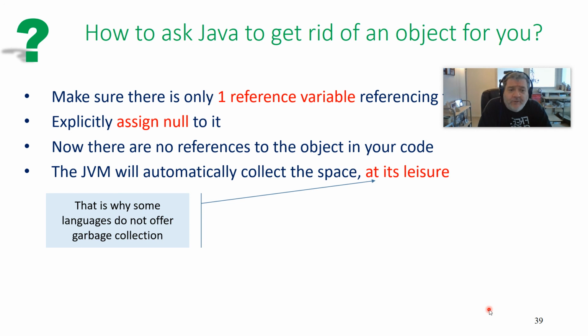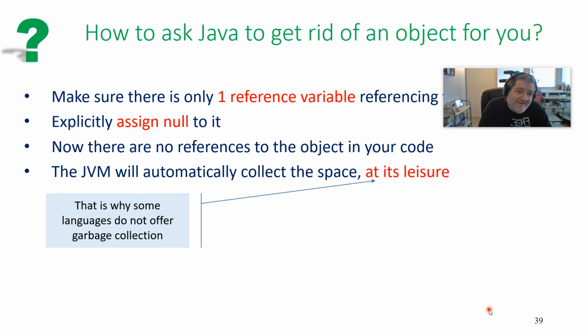If I have only one reference variable that knows where this object is located, then assign it to null. That's it. I assign it to null, I lose the previous reference value, I no longer know where to find that object, and therefore the garbage collector will reclaim it. It will reclaim it in the future and at a time of its choosing.